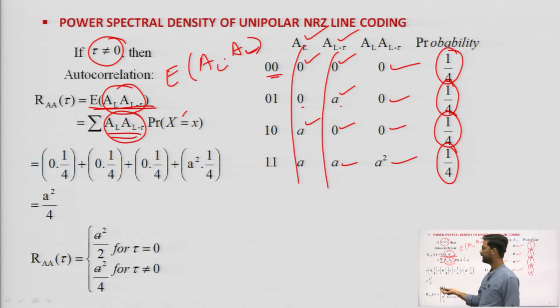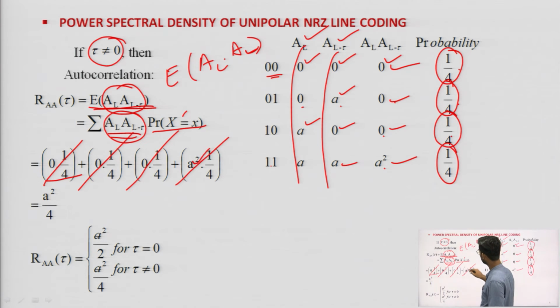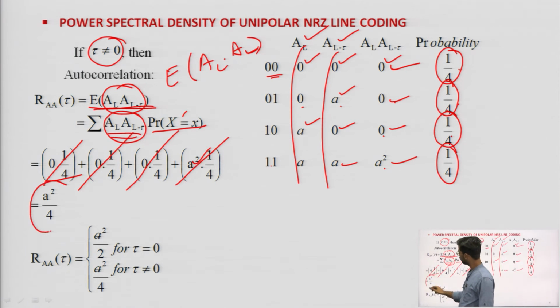Now, like the previous calculation, for A_L multiplied by A_L minus tau, 0 is multiplied by its probability, 0 by its probability, 0 by its probability, and A square by its probability. So it would be 0, 0, 0, and this is A square by 4.